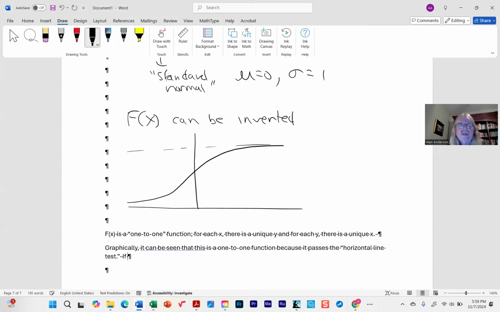Well, if a horizontal line is drawn through this function, it will only cross the function once, wherever I put it. And why is this important? Because all one-to-one functions are guaranteed to have an inverse.